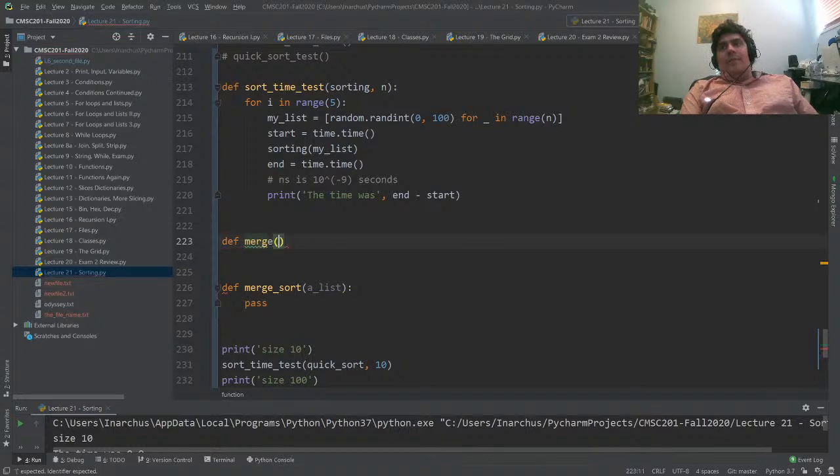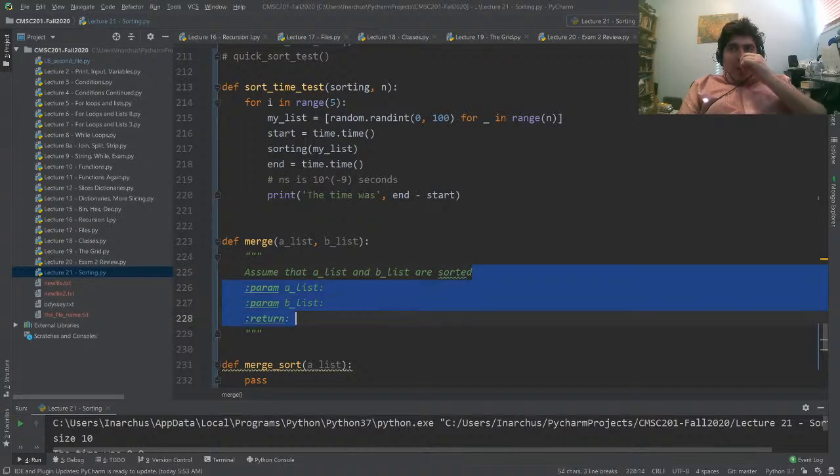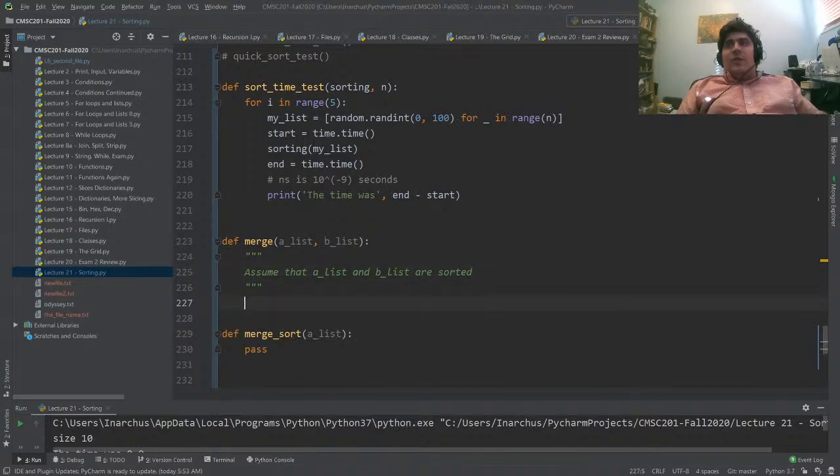Let's write a merge function. We're going to assume that A list and B list are sorted, okay? And so we have to combine those two lists by choosing the elements and merging them together.